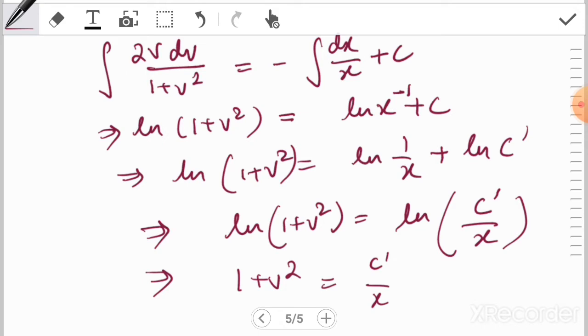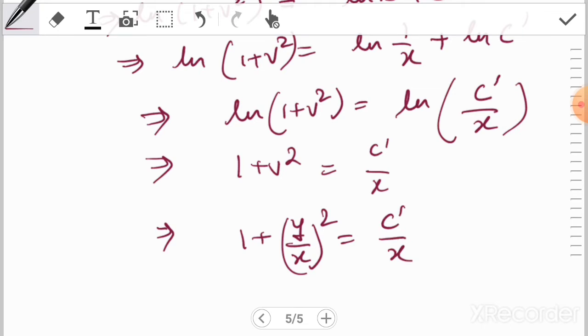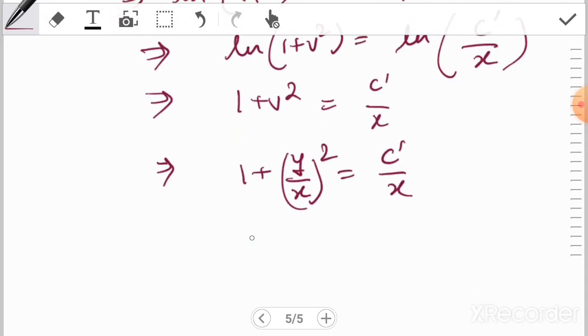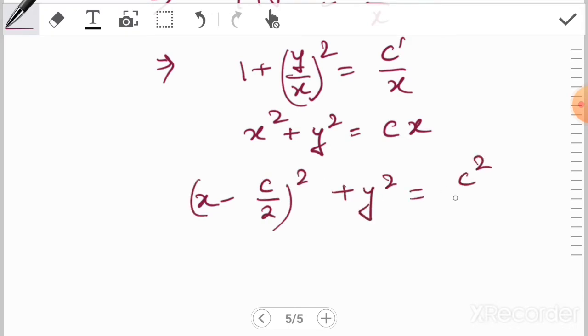Again replacing v by y by x, 1 plus y by x whole square is equal to c dash by x. That means x square plus y square is equal to c times x, or x minus c by 2 whole square plus y square is equal to c square by 4.